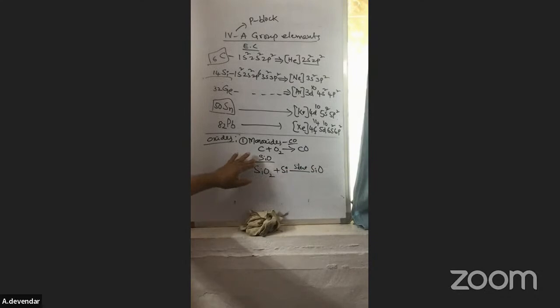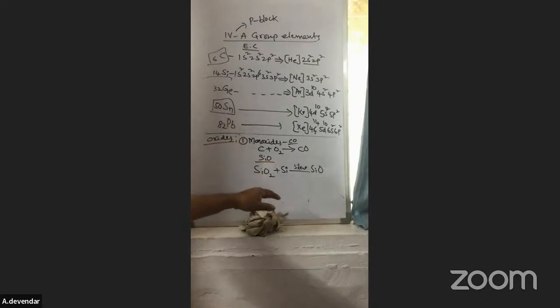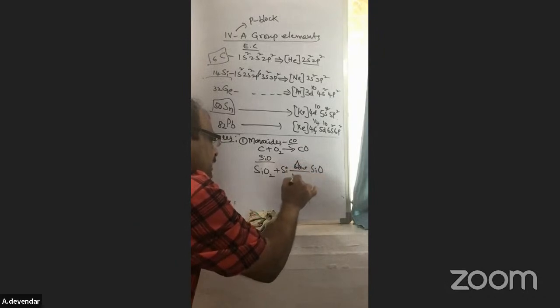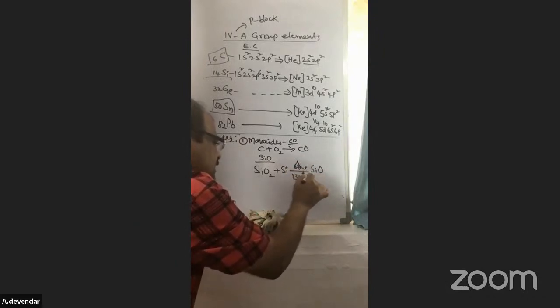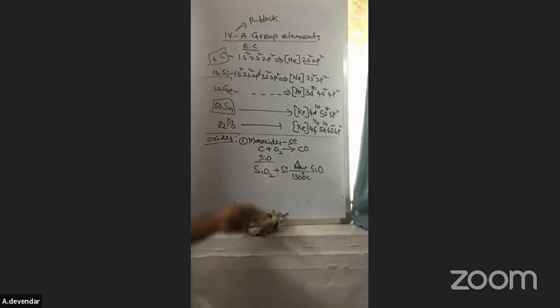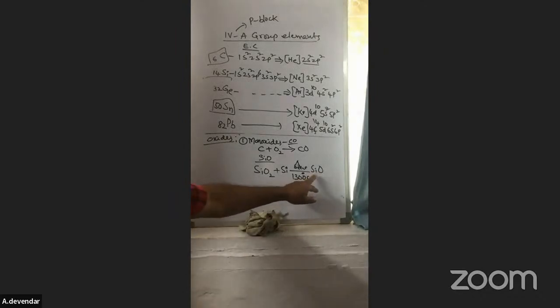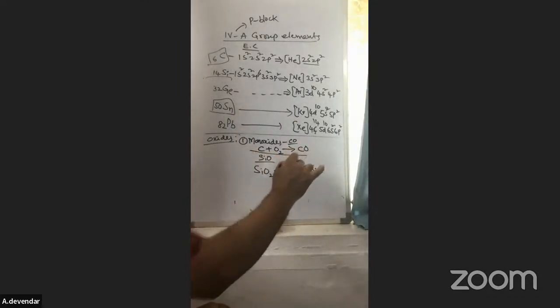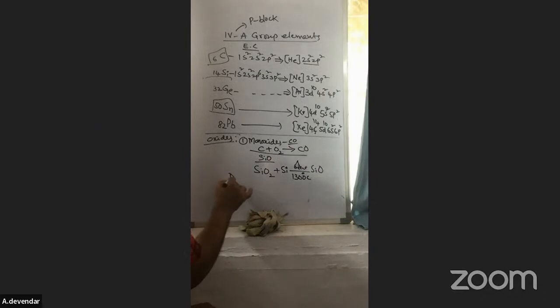A very high temperature is required, 1300 degrees Celsius, because it is a very hard material. At this temperature silicon monoxide is formed, but it is very unstable. The mainly important monoxide is carbon monoxide. Now coming to the dioxides.